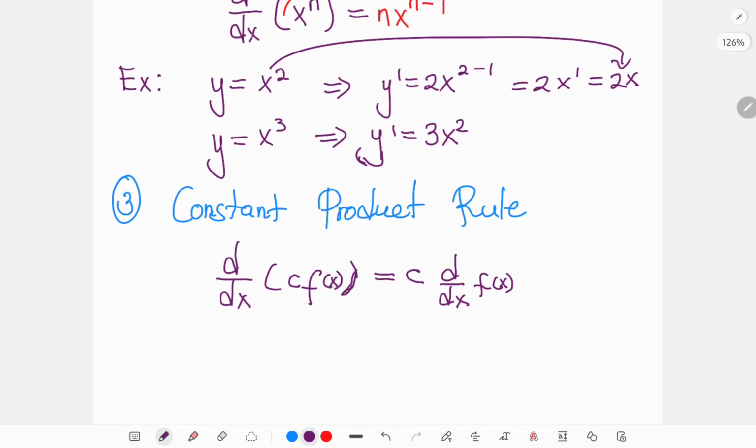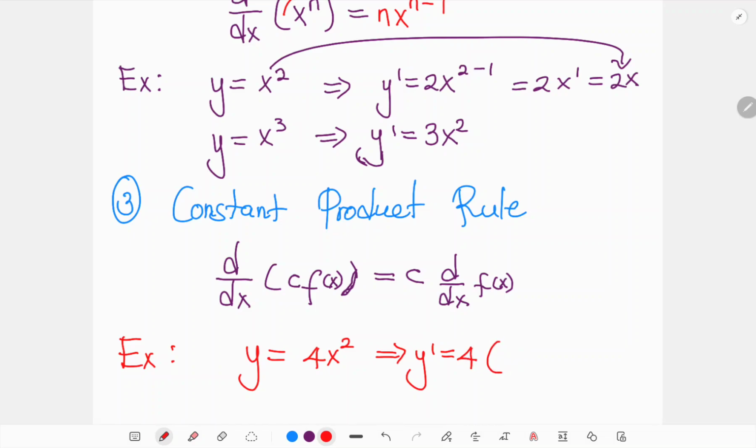Let's keep it simple and go straight to a quick example, so you can understand how this one works. Let's say you have y equals 4x squared. To find y prime for this, the 4 you leave untouched, and you derive the x squared.